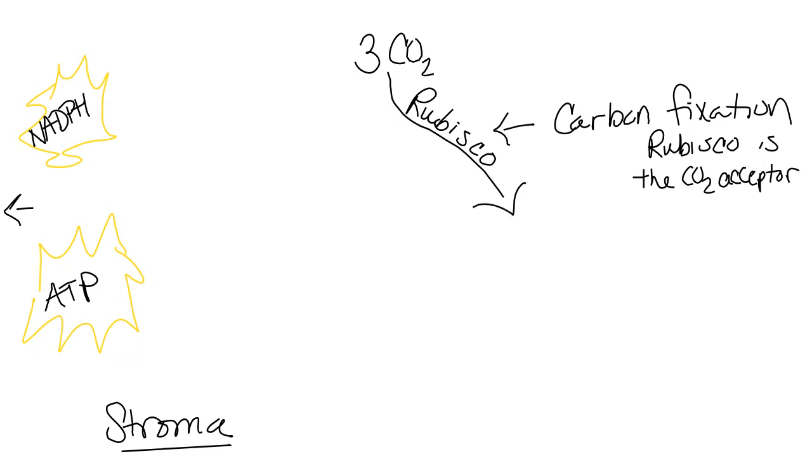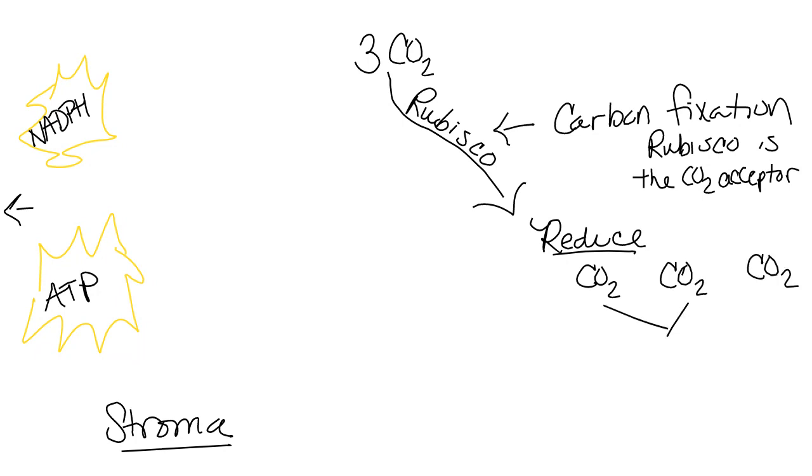Now we need to reduce those carbon dioxides. When we reduce it, we are increasing the energy. So we are essentially taking 3 inorganic carbon dioxides and reducing them into 1 G3P, which is a 3-carbon sugar.